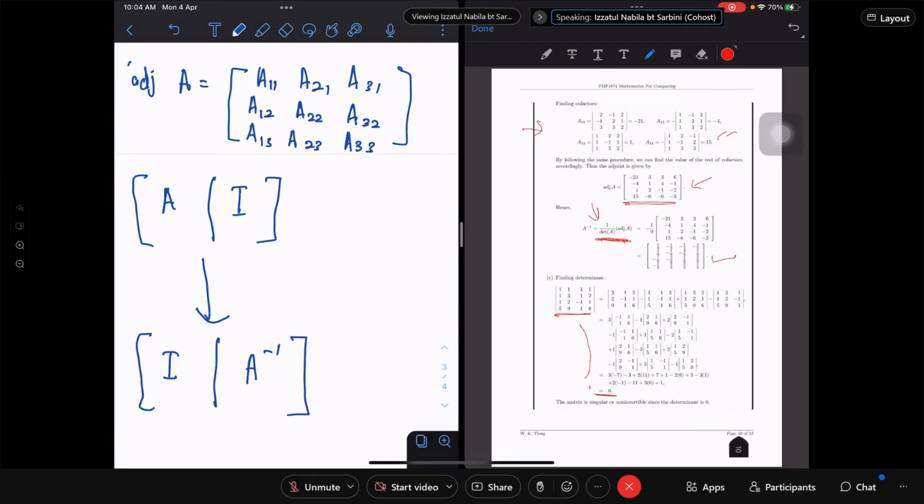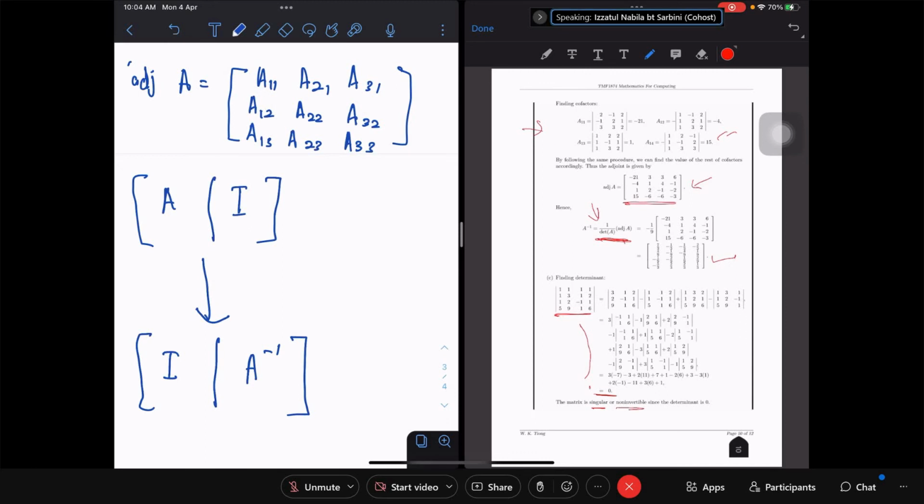So it means that the inverse for this matrix does not exist, because the matrix is either singular or non-invertible. So not every matrix has an inverse.